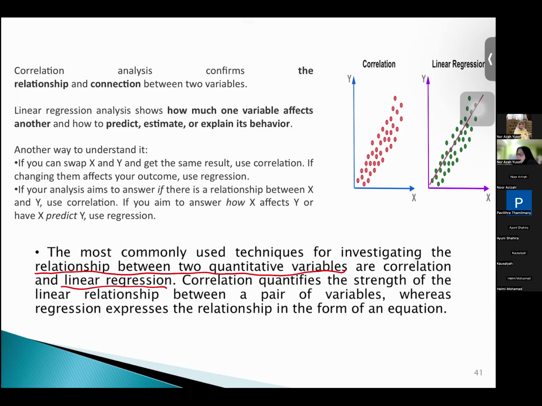Whereas regression expresses the relationship in the form of an equation, meaning that with multiple regression you can use more than two variables. So let's say I have developed a new method for detecting cholesterol.